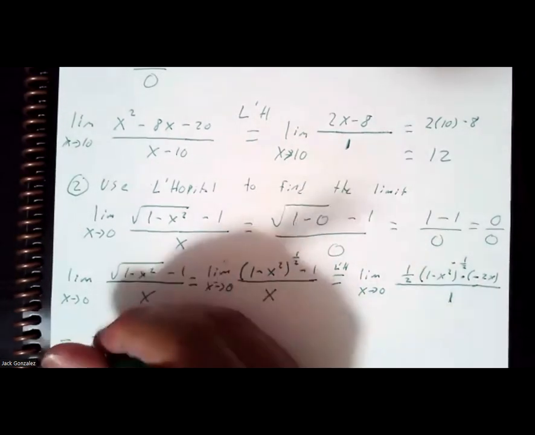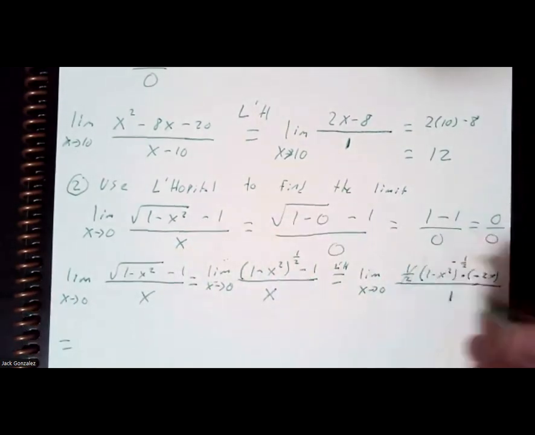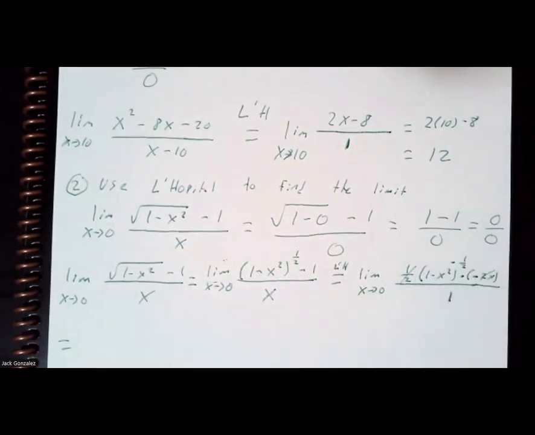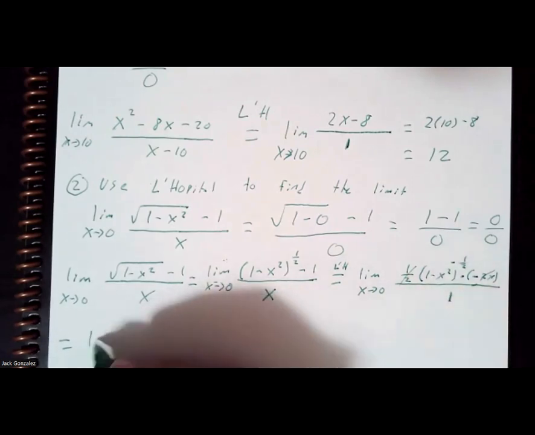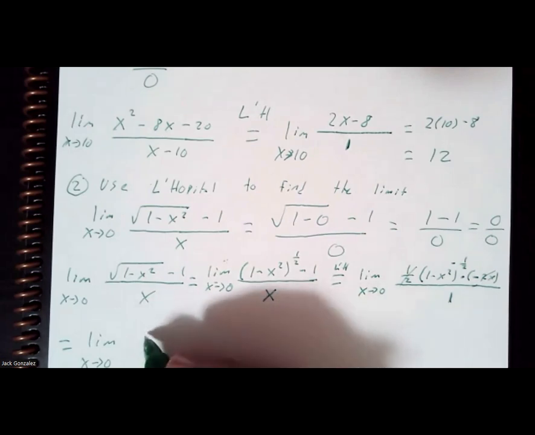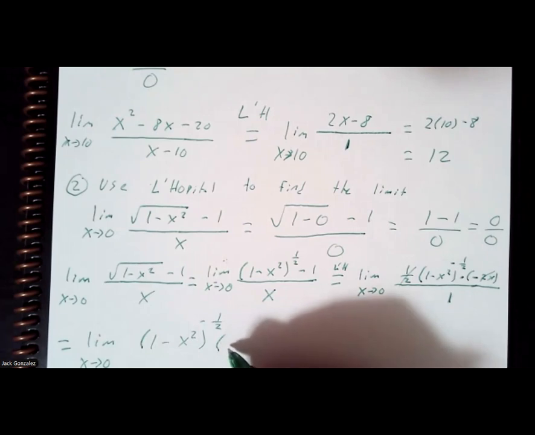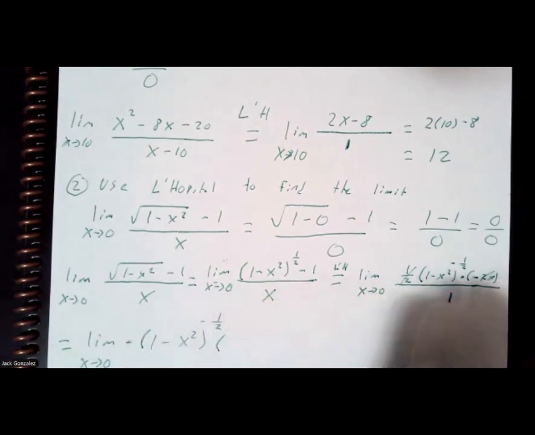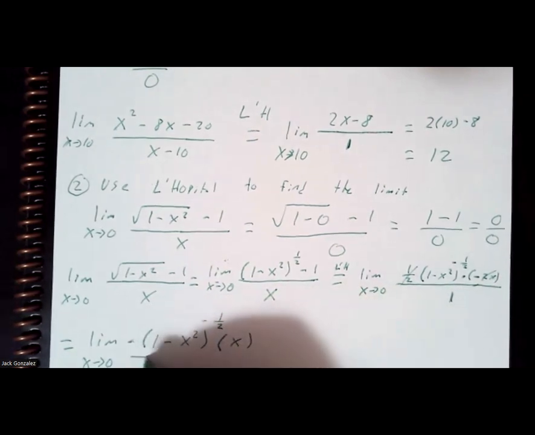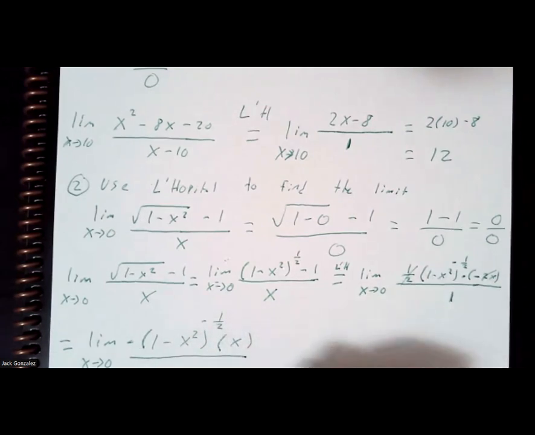That's a good point. Okay, cancel this with this 2. I'll make one more little step here. It's going to be negative because there's a negative 2 right there, over 1.